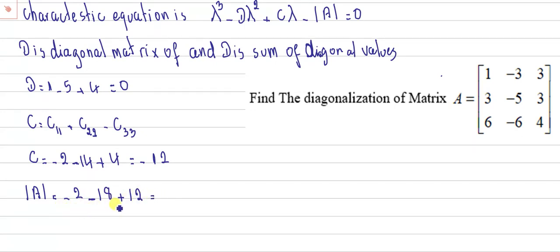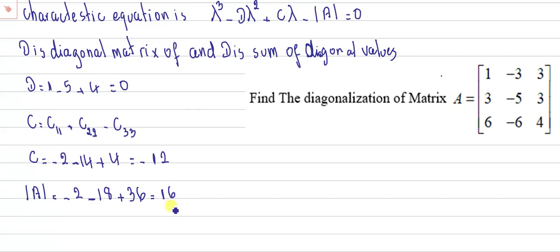So this one is 12, and 12 multiplied by 3 is 36.